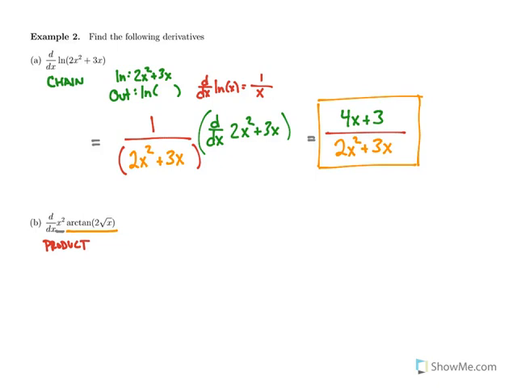So the product rule says that we are going to take the derivative of the first function times the second plus the first function times the derivative of the second.